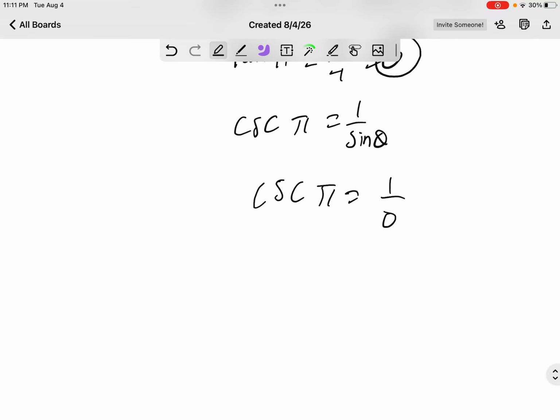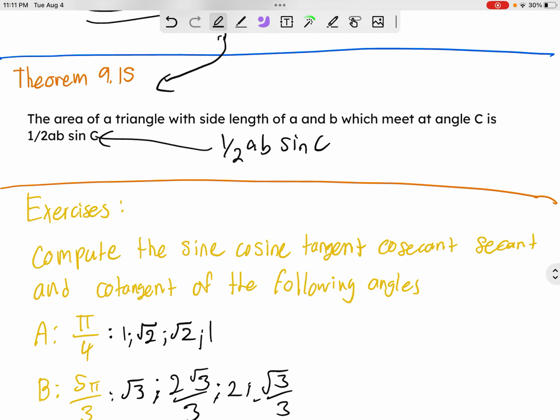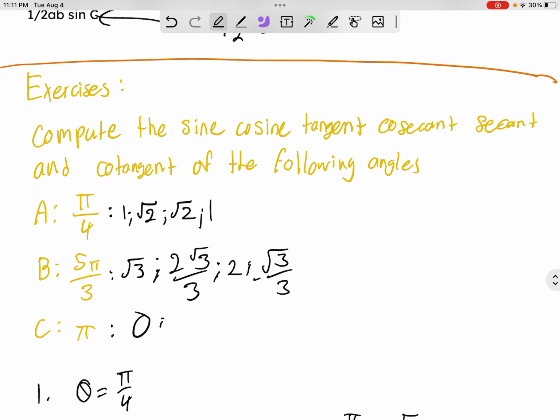Since division by 0 is undefined, CSC pi is undefined. Really weird, right? Okay, 2 more to go. Hold on tight, guys.